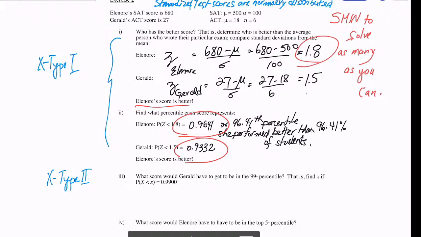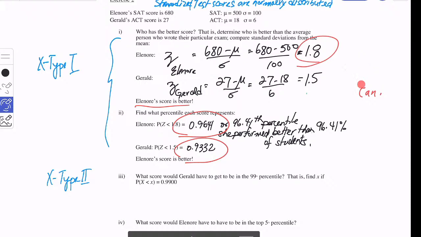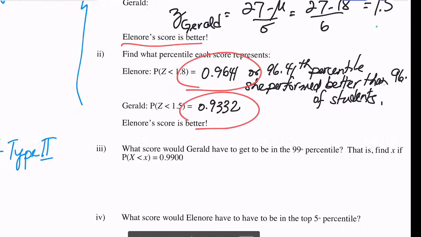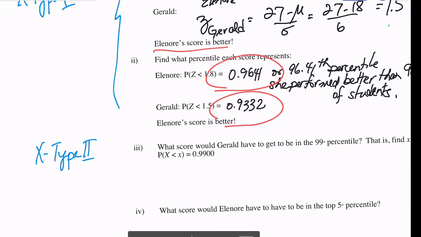So I can erase this, and let's see what's next. What score would Gerald have to get to be in the 99th percentile? So I want to find now the 99th percentile. I want to find what his score should be. These I call an X type 2 problem.